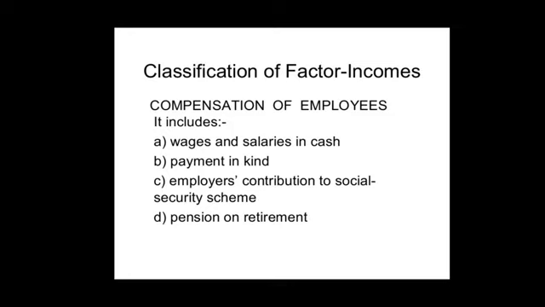Compensation of employees is the reward or compensation paid to employees for rendering their productive services. It includes wages and salaries in cash, payment in kind, employees' contribution to social security schemes, and pension on retirement.